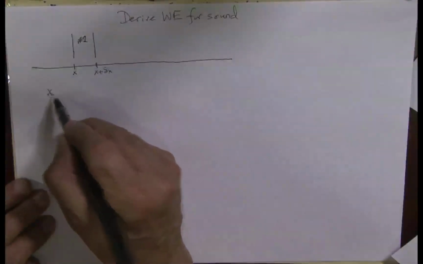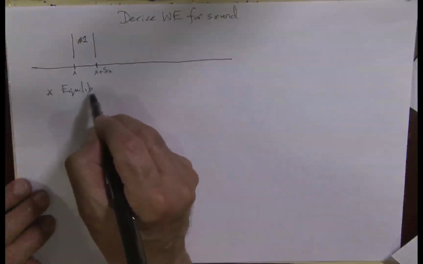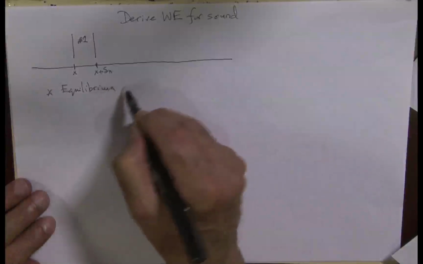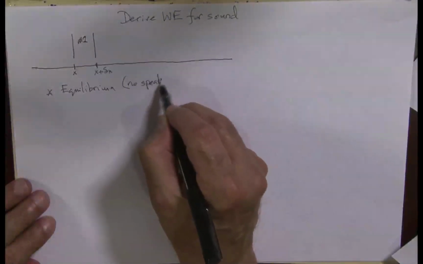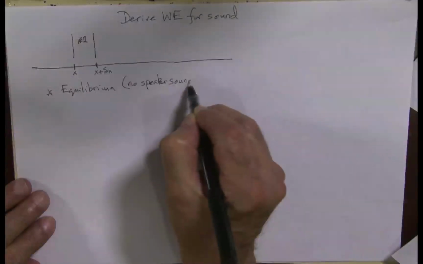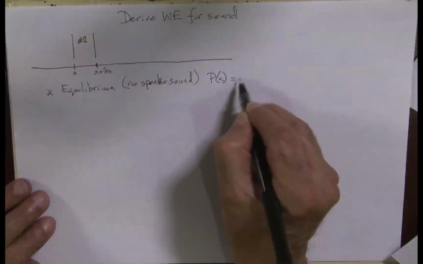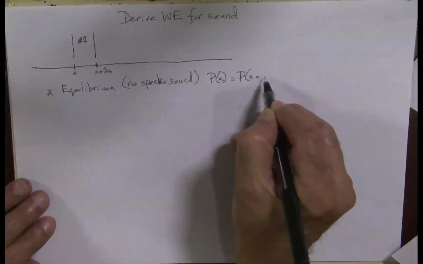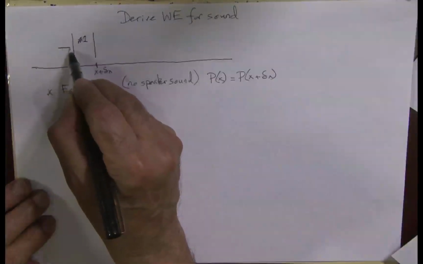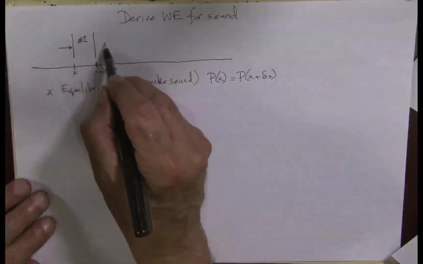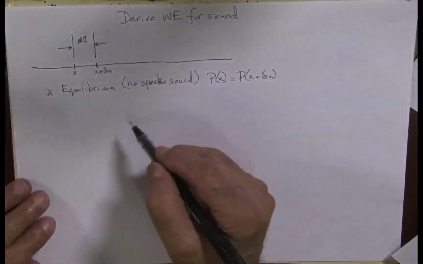In equilibrium, which means no speaker sound, we'll have simply that P of x is P of x plus delta x. So the pressure here and the pressure here are exactly equal.